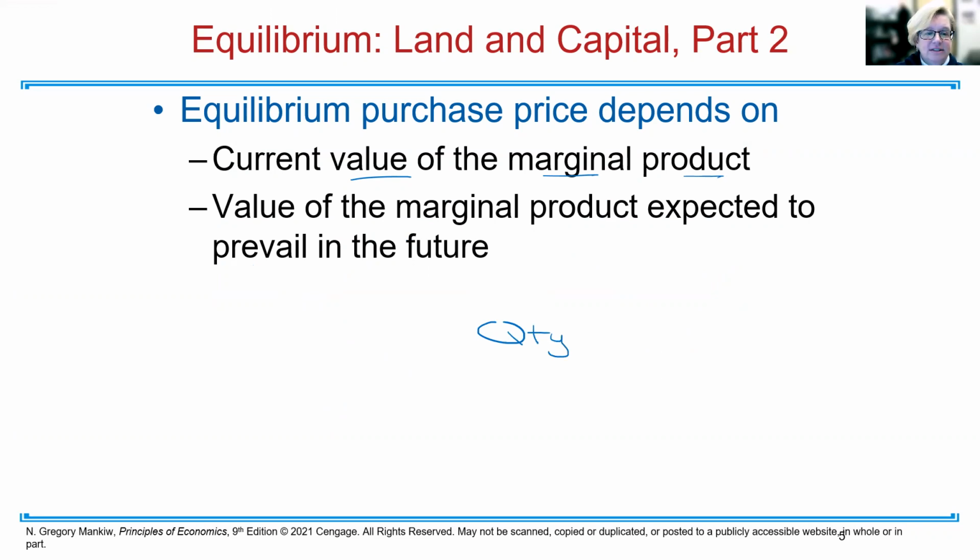Then we want to multiply that by the price of the product in the market. In the apple example, that would be how much more quantity tractors allow us to produce, times the price of apples in the market.